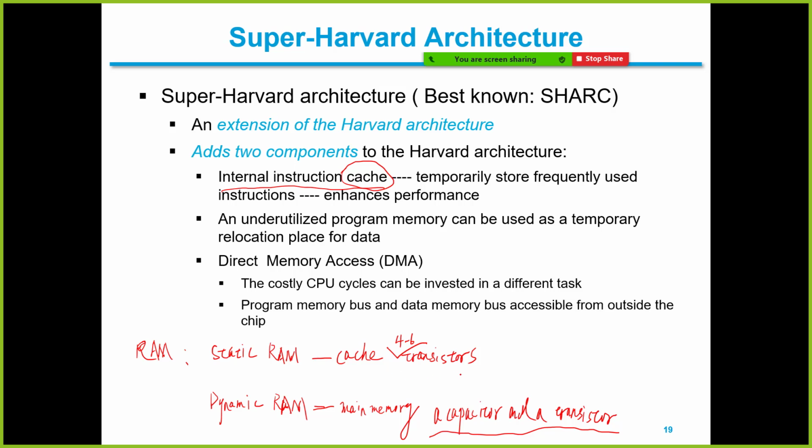For transistors, because there's no electron leaking problem, and there's no refresh operation, it's faster. But with the capacitor, we know that the capacitor has a leaking problem, and it needs a refresh operation. And it takes some time.